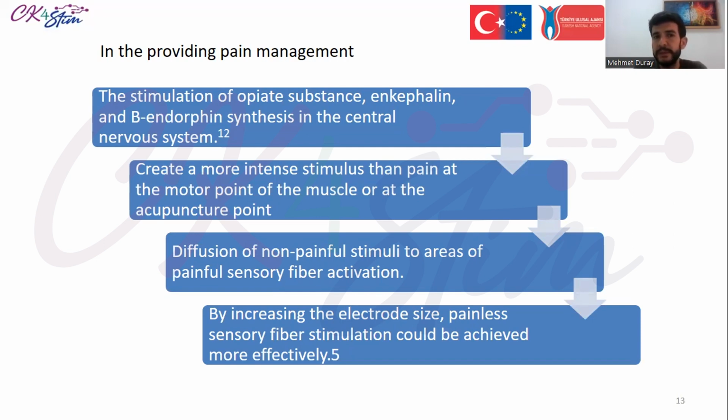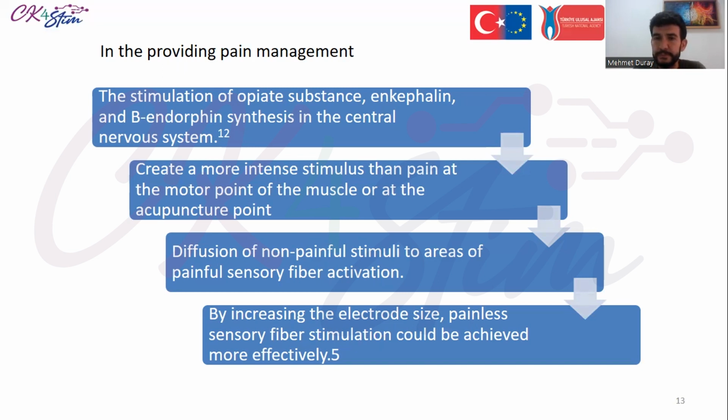In providing pain management, the current stimulates release and synthesis of opiate substances, enkephalin and endorphin, in the central area, and the current creates a more intense stimulus than pain at the motor point of the muscle or the acupuncture point.